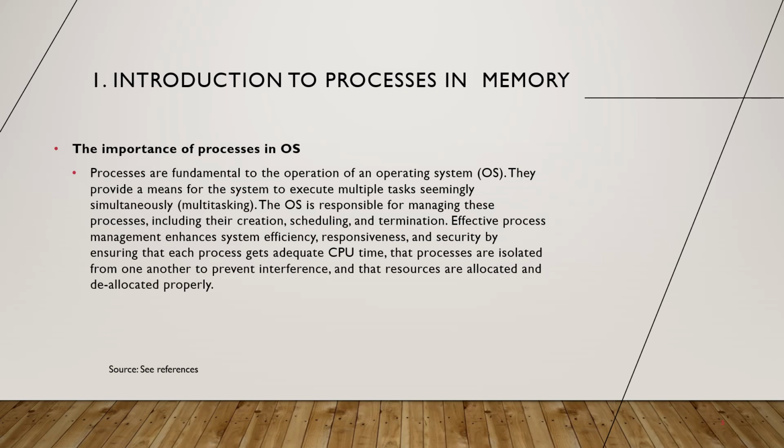So, how is it important in operating system? Processes are fundamental to the operation of an operating system. They provide a means for the system to execute multiple tasks seemingly simultaneously. The operating system is responsible for managing these processes, including their creation, scheduling, and termination.